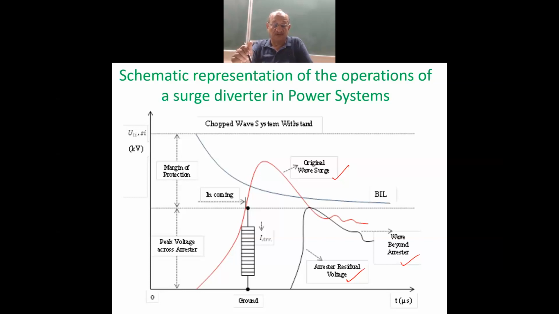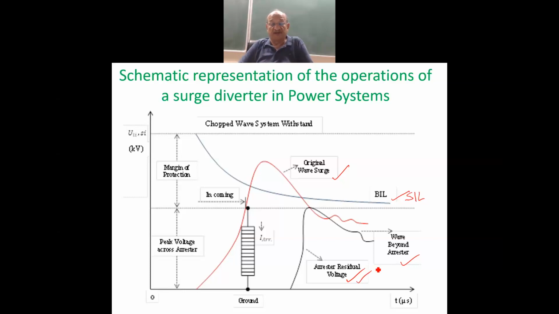Once again, it is being explained: in the case of a very high voltage network, 800 kV, the BIL, or basic insulation level, also you can say SIL level, should be above the arrestor residual voltage.